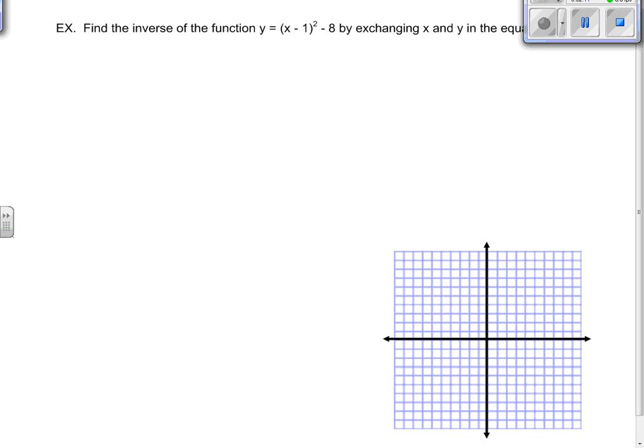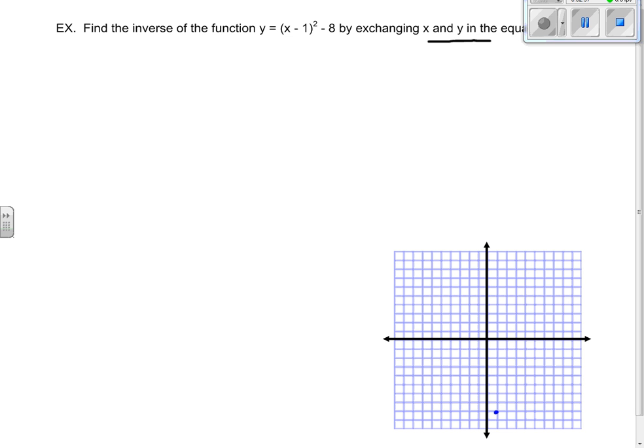Graphing can be suspect at best, so let's find the inverse of this function by exchanging the x and y values in the equation. I'm going to start by drawing my original function just to verify by using our eyes. My parabola y equals (x minus 1) squared minus 8 has a vertex at positive 1, negative 8.